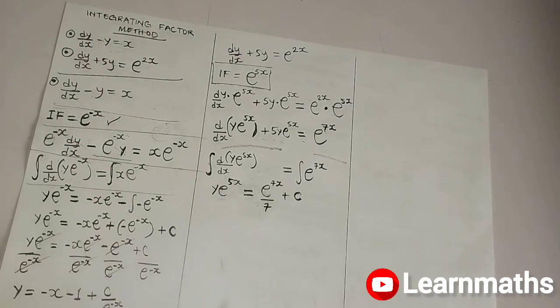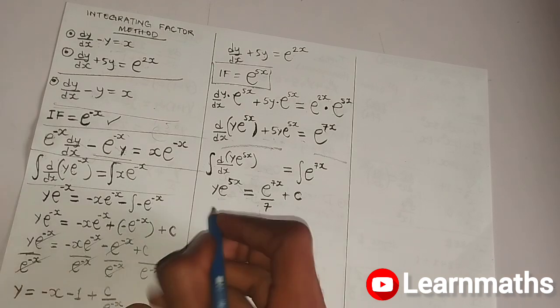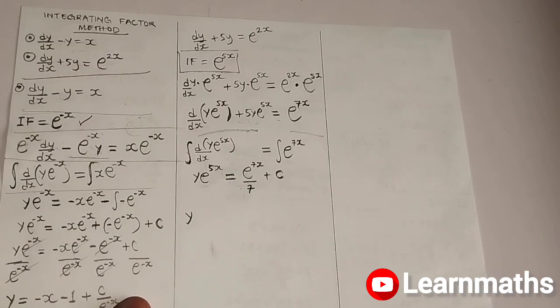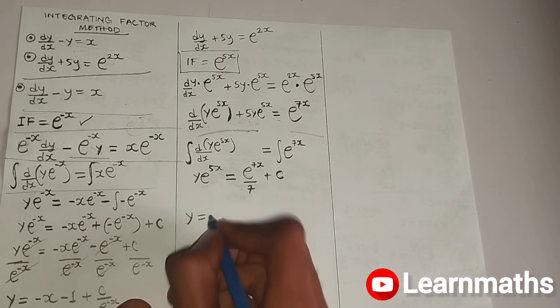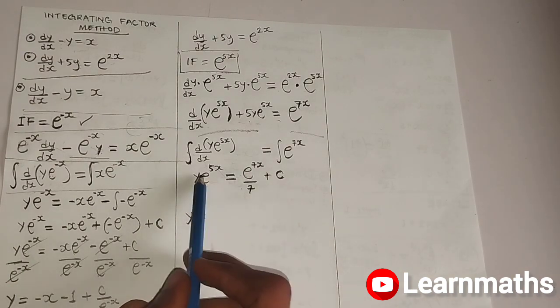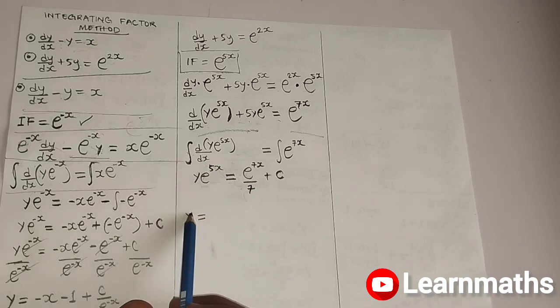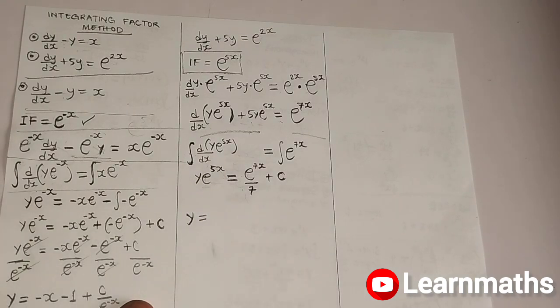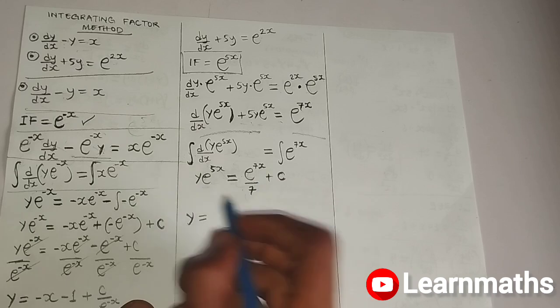Now to get the final equation, this is actually the answer, but we're just going to organize it in a proper manner. Right, so y is going to be equal to, and how do we do that? By dividing through with e5x, so y gets to be alone. So I'm going to divide this with this.